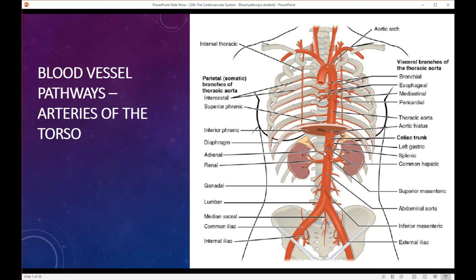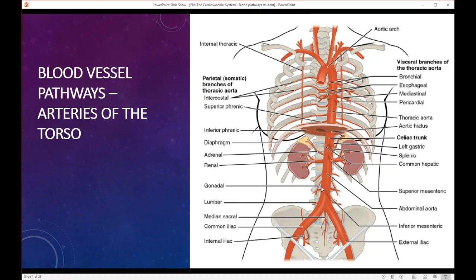Gastric is usually going to go to the stomach, splenic goes to the spleen, hepatic goes to the liver. Okay? You have your adrenal, which are going to go to the adrenal glands, and then the renal, which are going to go to the kidneys. You have the gonadal, which are going to go to the gonads. This is the superior mesenteric and the inferior mesenteric. Those are going to go to the intestines.